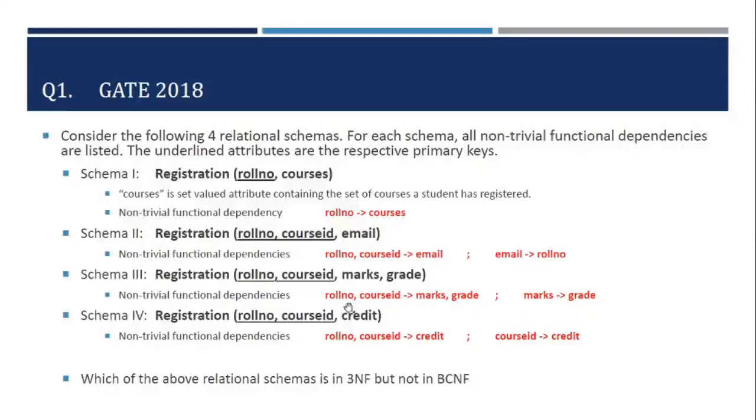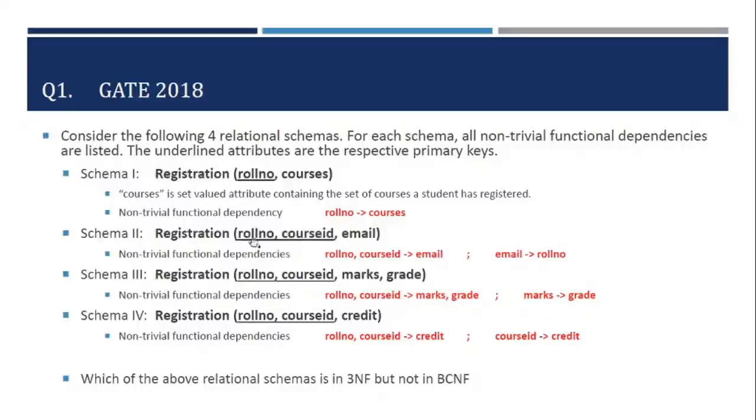So here the functional dependencies are: roll number and course ID together determine the marks that have been obtained, or the marks depend on which student and in which course he has enrolled in. Similarly, grade depends on what is the mark range that is being obtained.